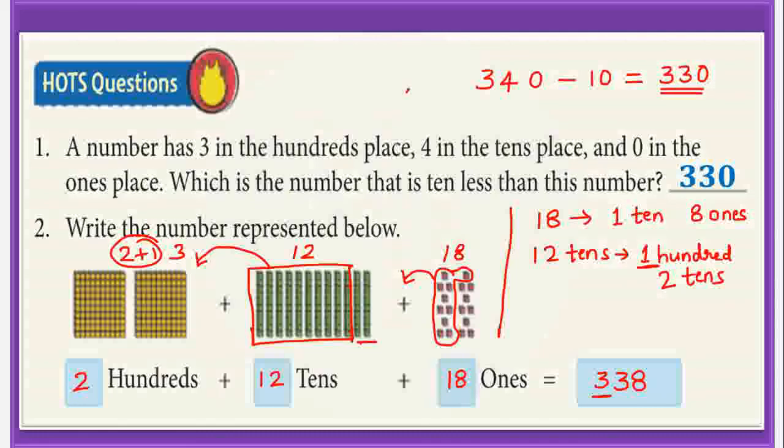Two tens plus this 1 ten together becomes 3 tens. So I am writing 3 in the tens place here. After sending these 10 beads to the tens place, how many beads are left over here? There are 8 beads left over here. So the digit at the ones place is 8. So the number represented by these beads given here is 338.